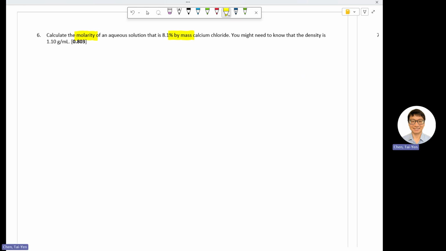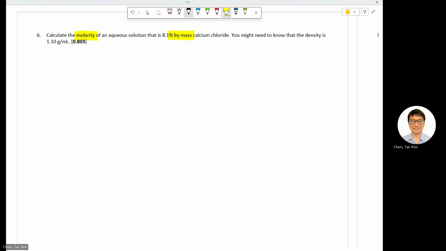Percent by mass, right? That's the mass percent, right? So you see two concentration terms, therefore you know it's a concentration conversion question. Okay, that means you need to make some assumptions to make your denominator equal to 1 or 100, right?